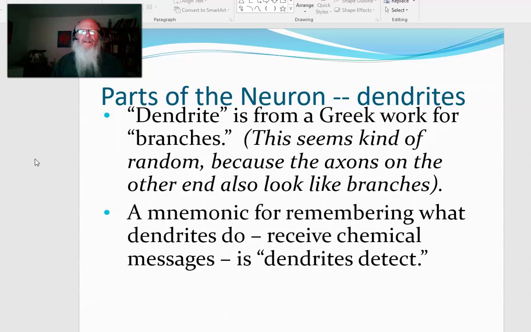So a lot of the terminology comes from a perspective that's a bit antique from our vantage point today, but it's established and it's the language that we have to use.